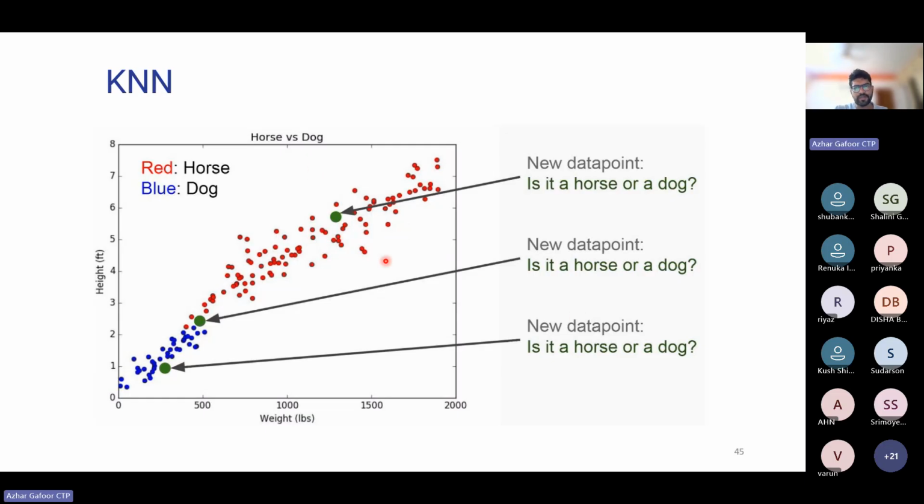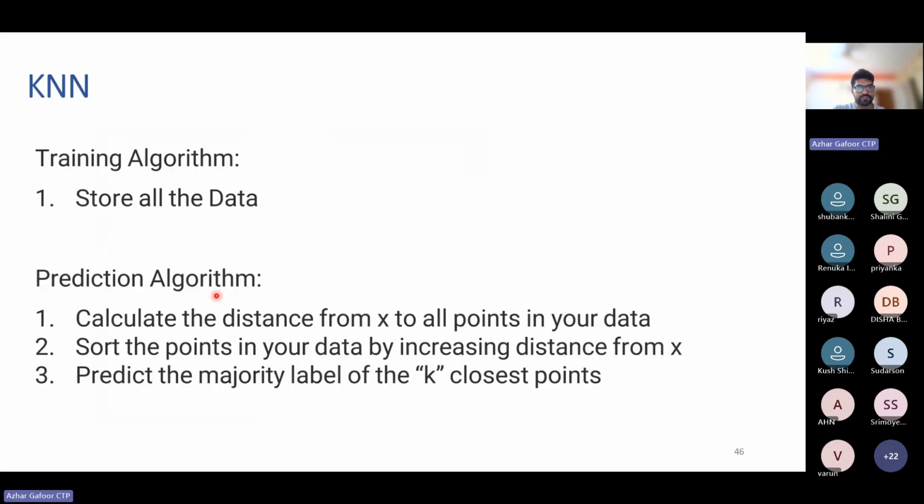So if you put a point here, it will check what the neighboring points are, and it will classify the new point as a horse or a dog. In this case, this point will correspond to horse, and this will be dog, and for this one we have to see how many nearest points are horse class, or which class is closer to the new point.